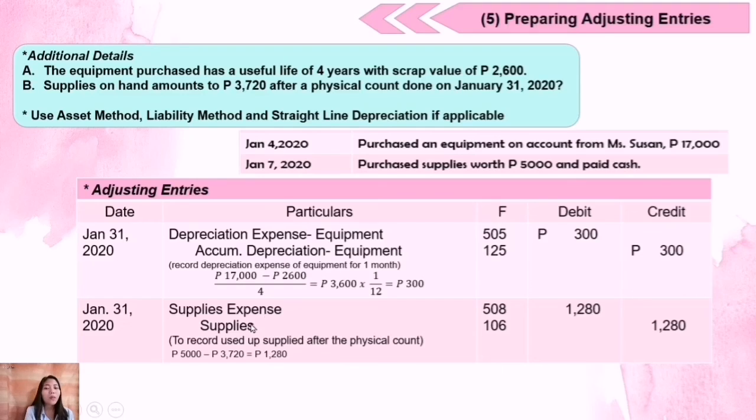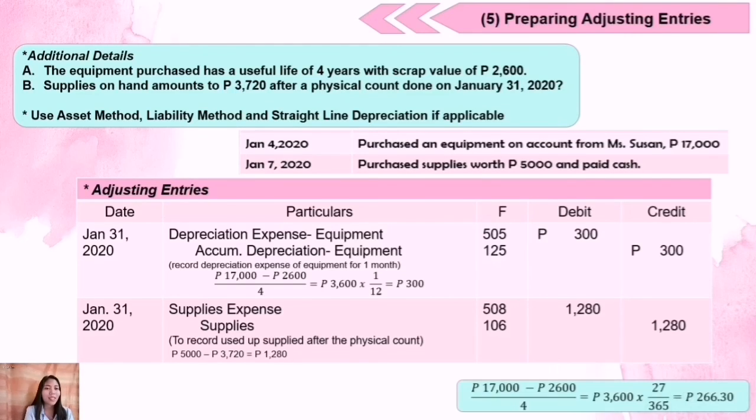That's why we will use supplies expense, because it is the portion of supplies that were used, 1,280, and we have to credit supplies, since supplies has a debit normal balance. If it increases, debit supplies. If it decreases, credit supplies. So that is the adjusting entries. Now I have here a computation if you are more specific with the number of days for the depreciation, but technically we're just using an approximate number of days.